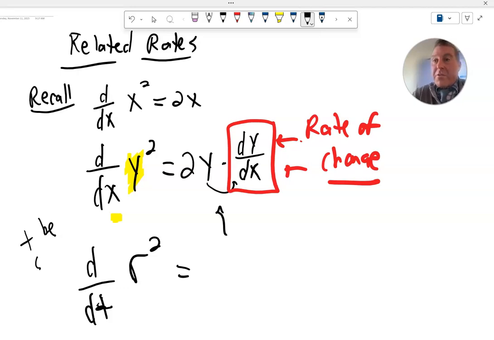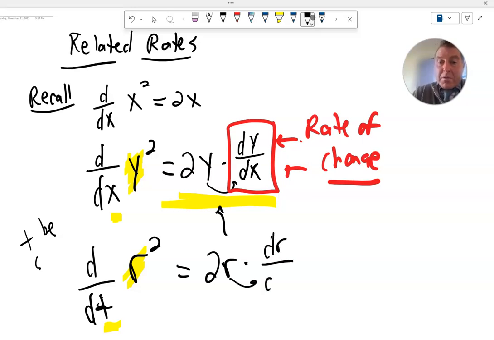It's structurally the same as the one above. The r is not a t, and I'm differentiating r squared with respect to t. Just like the prior implicit differentiation problem, I don't just get 2r, I get 2r by the power rule times, now by the chain rule, r prime. What r prime means in this case is the instantaneous rate of change of r with respect to time. So here I have another rate.